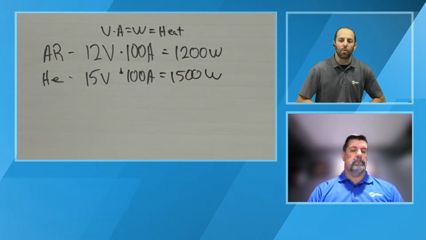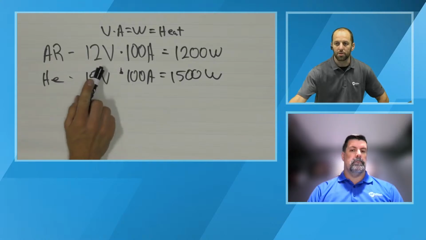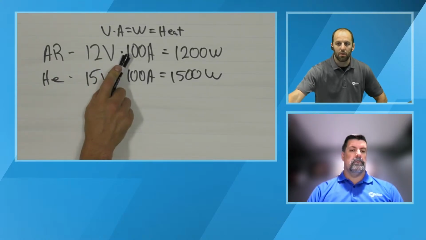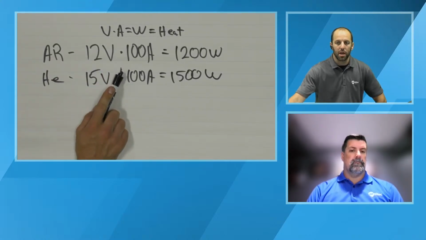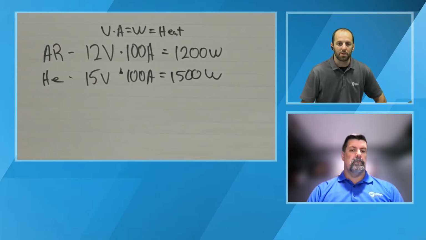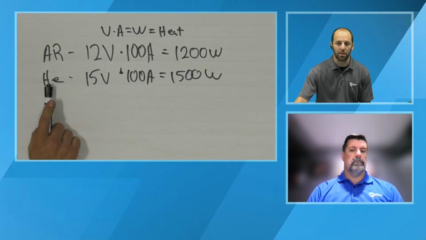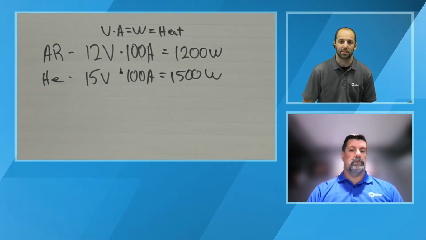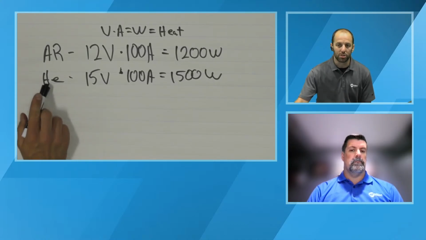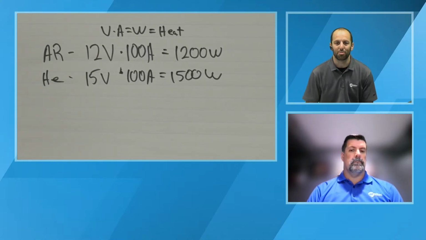So if you have a welding power source that can only give you 100 amps or 200 amps, and you want to get a little bit more heat out of your machine, one way you can somewhat cheat that system is by using helium shielding gas. It's going to come with a price. It's definitely more expensive, and most companies try to eliminate helium from their process.